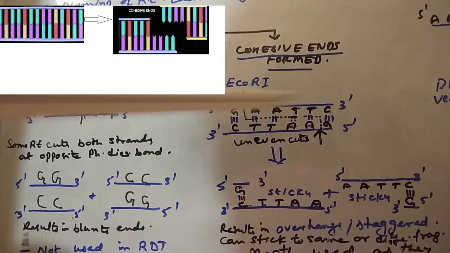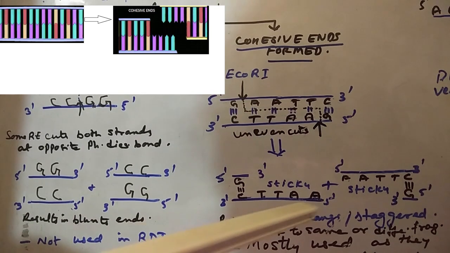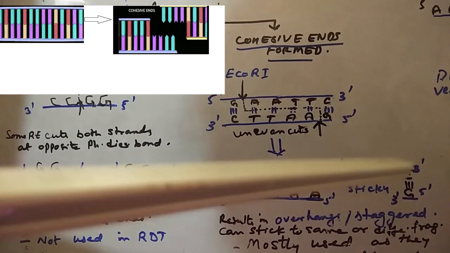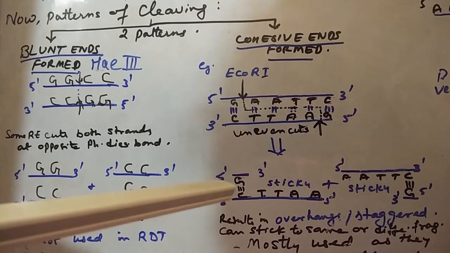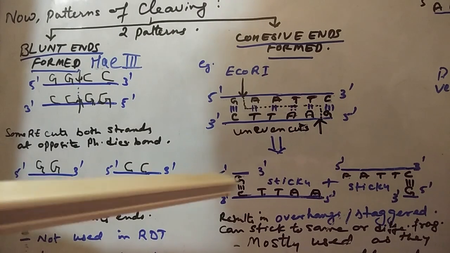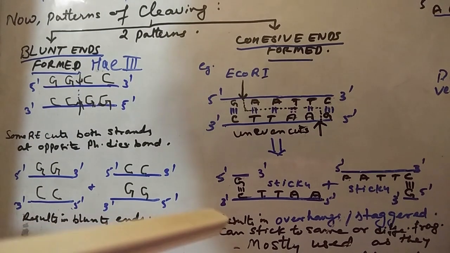That means when a double-stranded DNA is cut, it gives uneven fragments. In one fragment, one strand is shorter than the other strand. There is an overhang. And the other fragment also has a short arm and an overhanging arm. That is called cohesive because they are very easily used for sticking of foreign DNA.